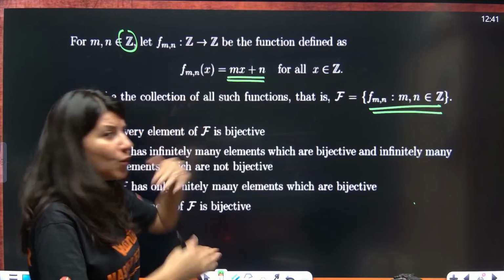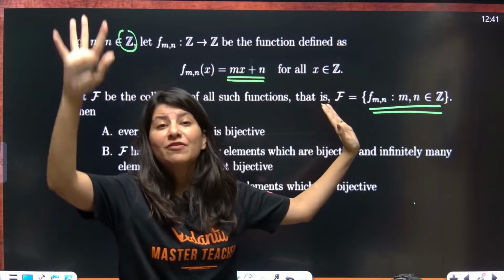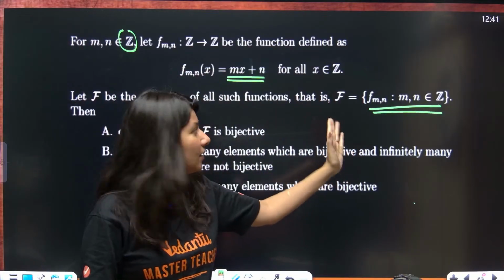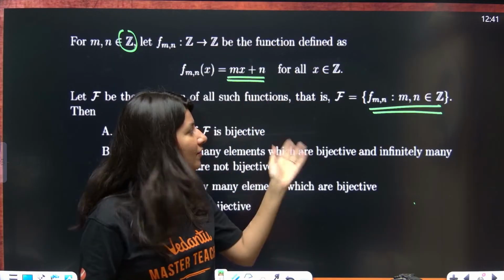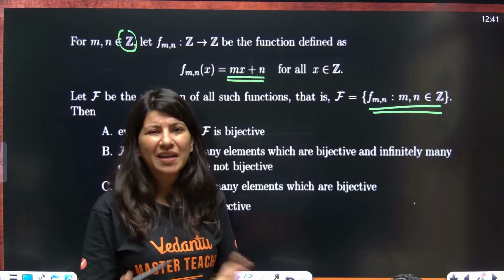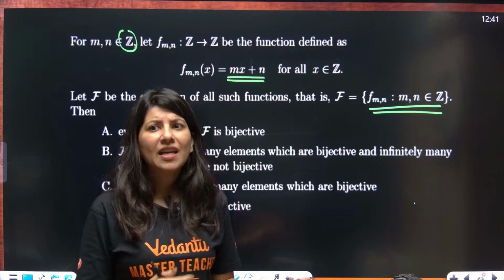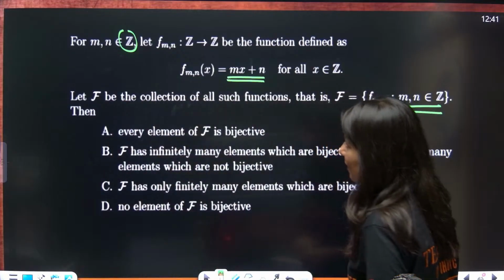We can put all the values of m and n and create infinite functions. If m, n is 0, 0, the function will be just 0. Then x, x plus 2, x plus 3, 3x plus 4, like this. So all the functions will be there.